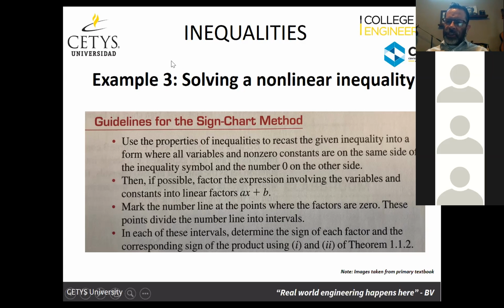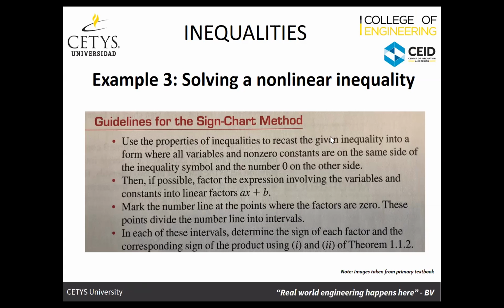With the sign chart method, we're going to use the properties of inequalities to represent any given inequality in a form where all variables and non-zero constants are on the same side of the inequality. So the first thing we need to do is represent the inequality in a way where we always leave a 0 on the right-hand side, with 0 as the reference.